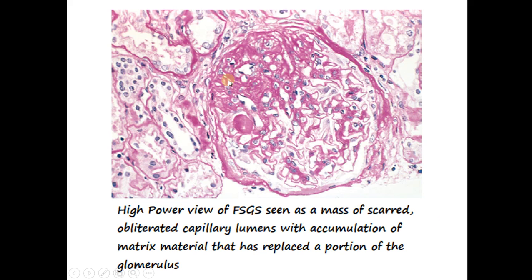In this picture we can see the hyaline tissue formation in the kidney, and there is a mass of scarred, obliterated capillary lumen with accumulation of matrix material that has replaced a portion of the glomerulus.